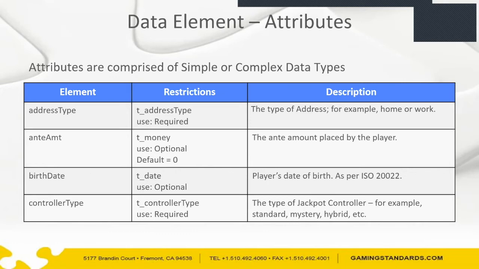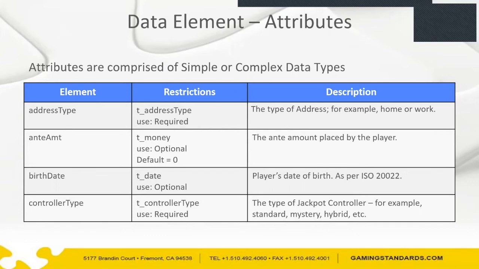And as I mentioned, these data elements are not only defined from an English perspective what they are, but they're also defined in terms of whether they are required or optional, what default values they have, and in some cases, the pattern, in other words, the character sets that they can be comprised of, in addition to the length.